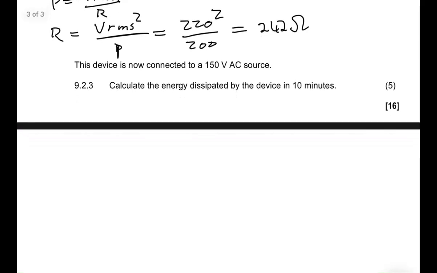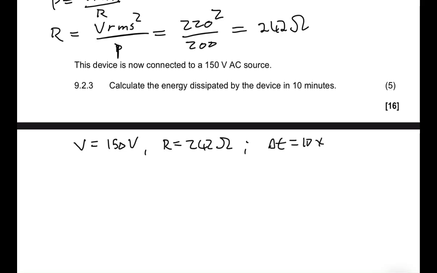So we know that we have a V now, which is equal to 150 volts, right? And then we know that this device has a resistance of 242 ohms, right? We just calculated it. And another thing we know, we are given the time, obviously, which is 10 minutes, right?